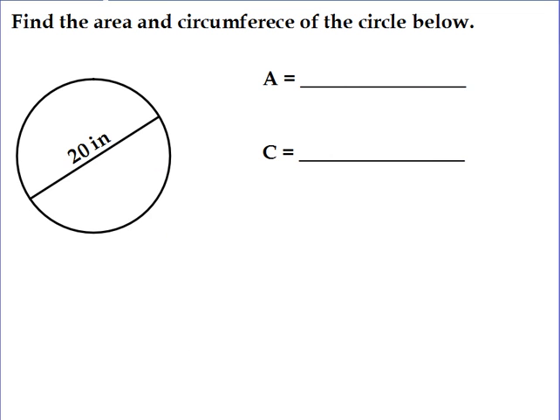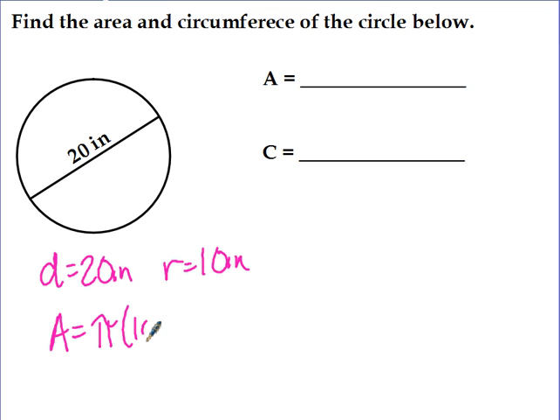Now in this circle, they gave us the length of the diameter instead of the length of the radius. So if the diameter is 20 inches, that just means my radius is going to be 10 inches. That's all. You just divide by 2. So my area is going to be pi times 10 squared, and my circumference is going to be 2 times pi times 10.